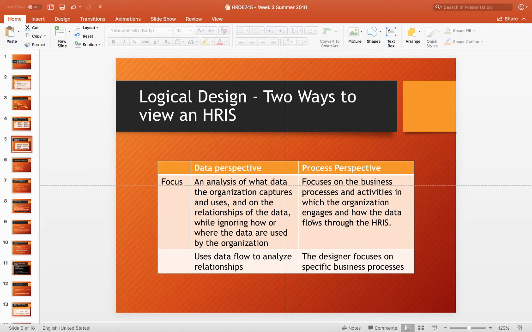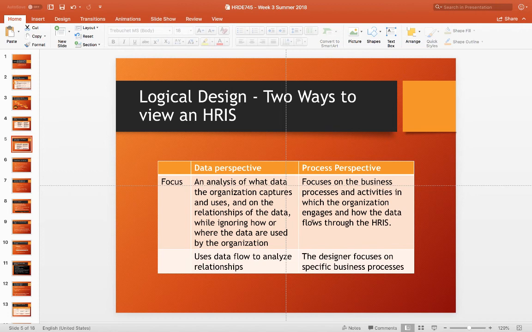Now, when you're doing the logical design, like I said, you're focusing on the processes, but there are two ways to look into it. One is you look at it from the data perspective. So in other words, you do an analysis of what data the organization is capturing and how it is being used. And you are also doing an analysis on the relationship of the data.